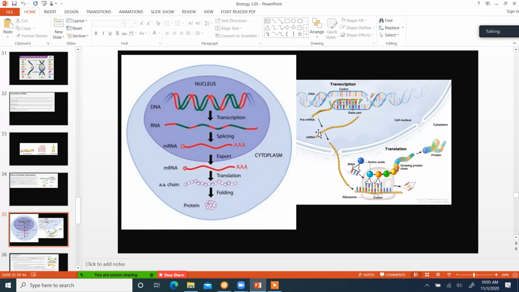So now the mRNA goes outside, floats around, and finds a ribosome, and goes through the ribosome. When it goes through the ribosome, remember the transfer RNA that's holding amino acids?